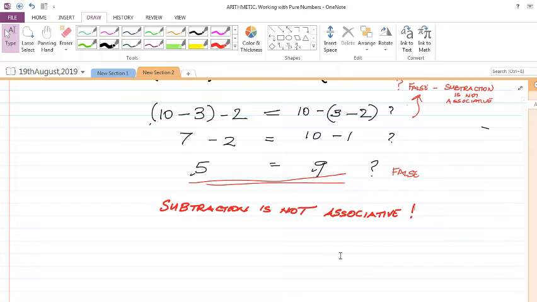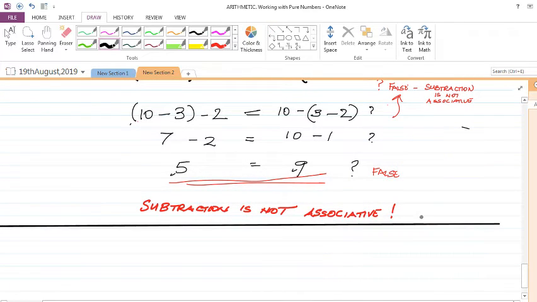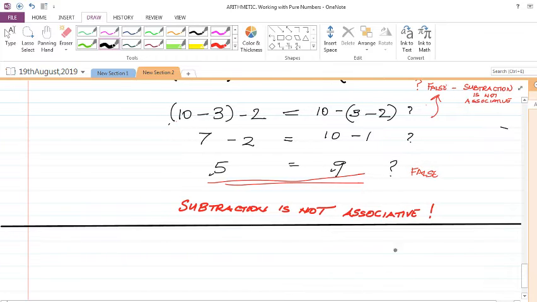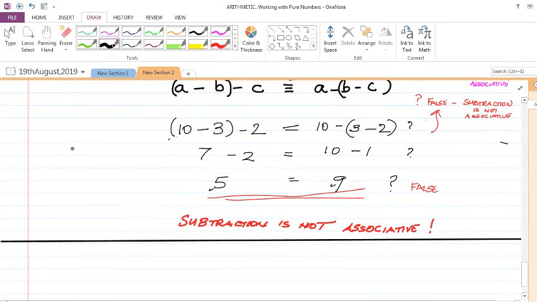Let's look at division. Okay, let's look at division. So let's see if division is associative.